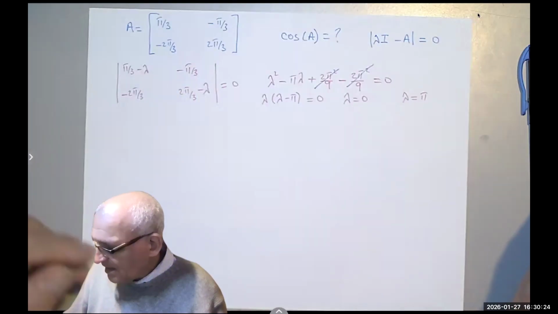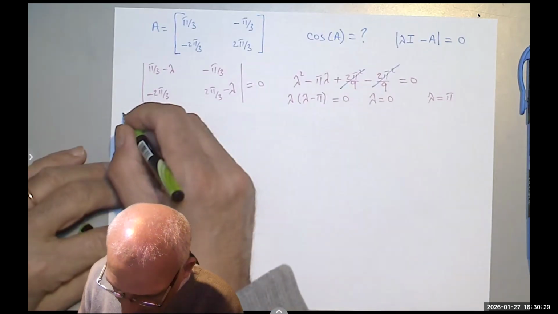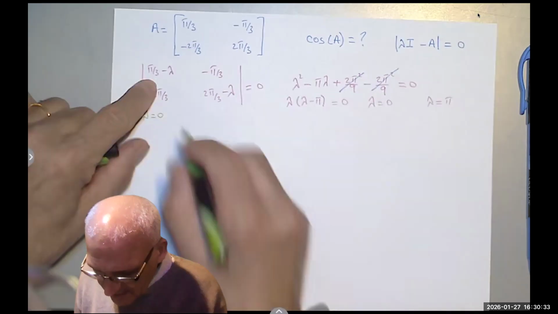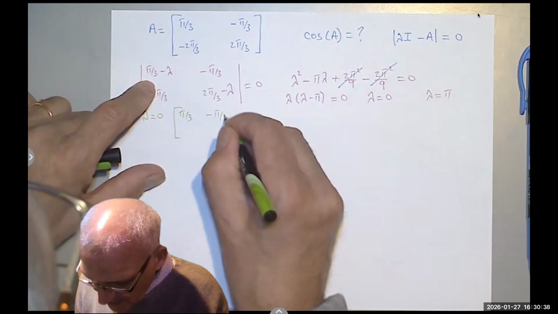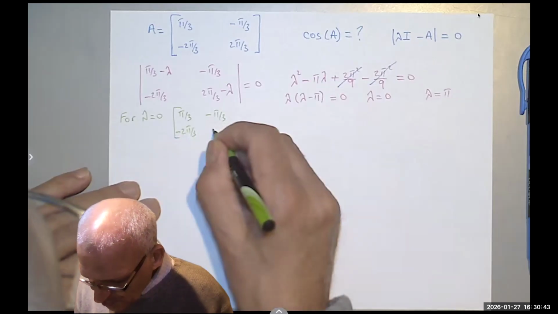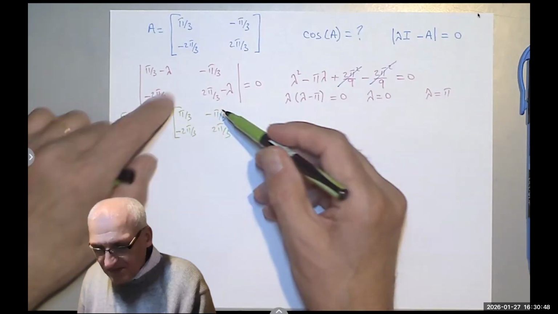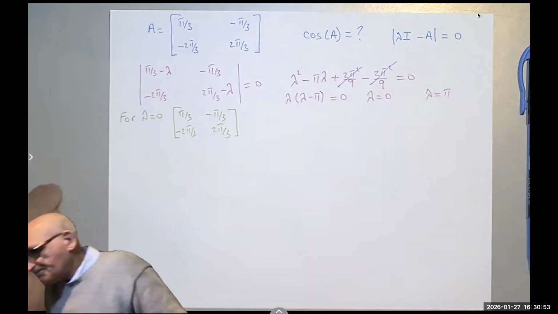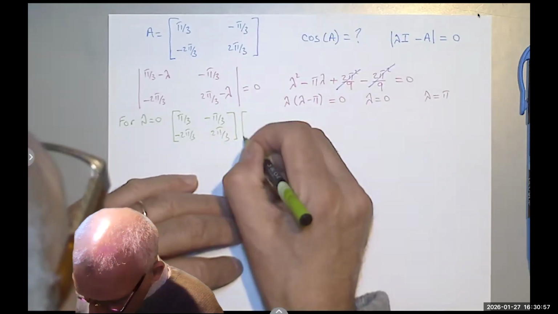So it's easy. Now we are going to say, what are the eigenvectors? So when lambda equals 0, you get pi over 3, negative pi over 3, and then again, negative 2 pi over 3 and 2 pi over 3. Of course, if you add twice the top to the bottom it becomes 0, 0. We know that these two equations, or these two rows are dependent.